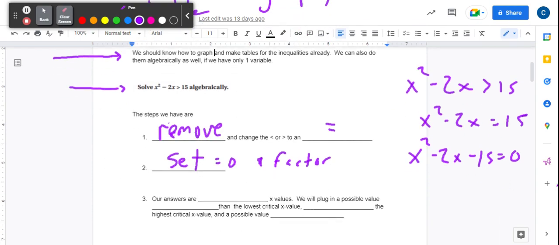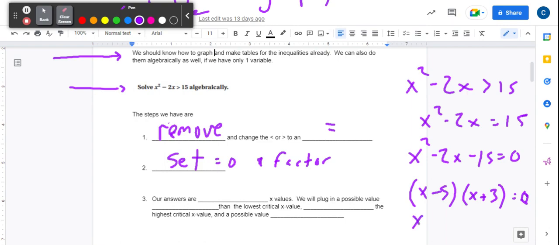Again, factoring this, two numbers that multiply to negative 15 and add to negative 2 should be negative 5 and positive 3. So we get x minus 5 times x plus 3 equals 0.